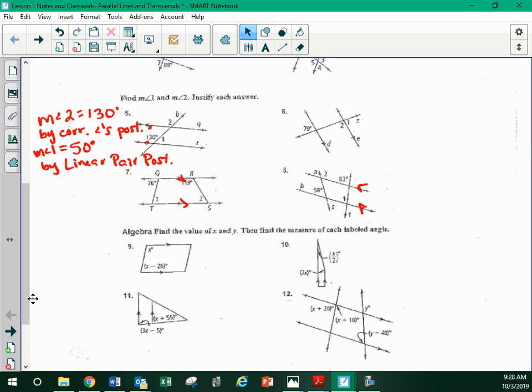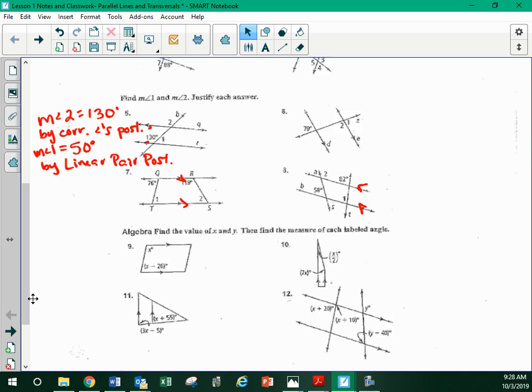So this and this are vertical angles. Then what's angle 2?